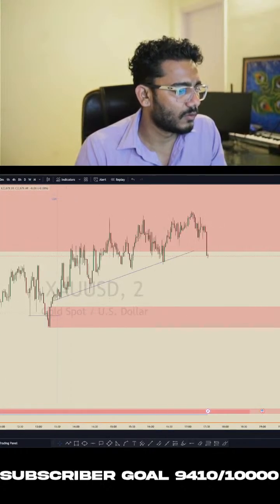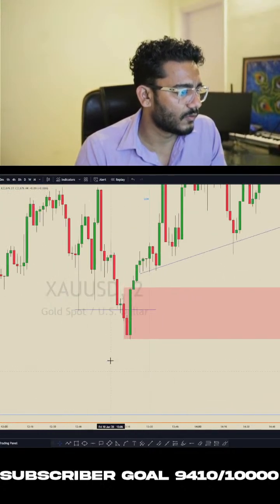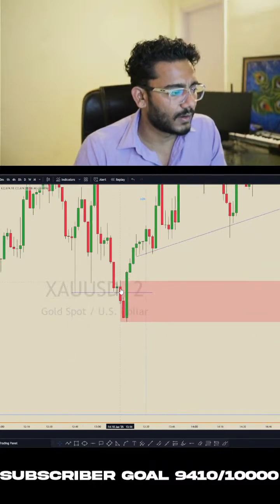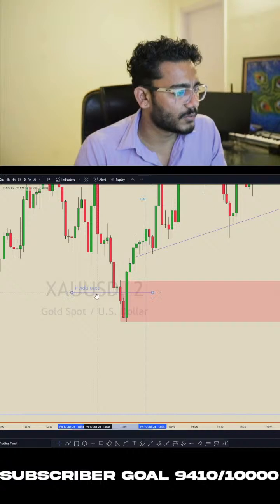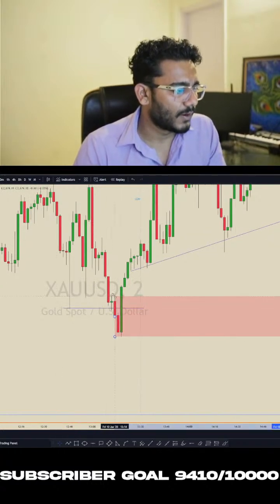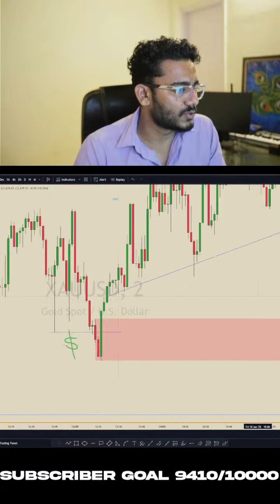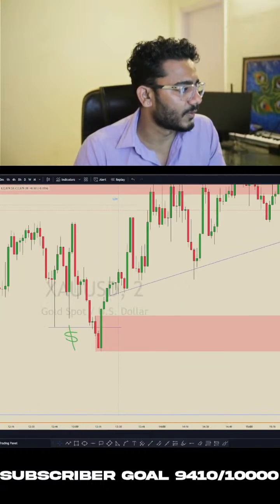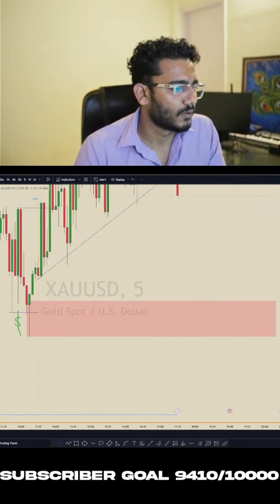If we look at this order block on a lower time frame, we can see these two candles took out these lows and created a liquidity sweep. These two candles induced this low, and then price broke the structure to the upside. So we have imbalance also above this order block.